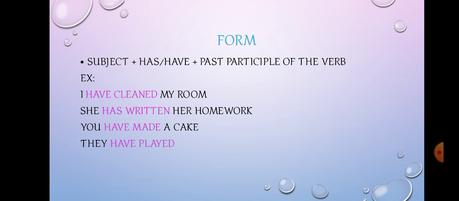So look at those examples I have given there. I have cleaned my room. There you can see that I have put have. The reason is, you all know I talks about a single person, a singular subject. But when it comes in a sentence, it acts like a plural subject and takes the plural have.